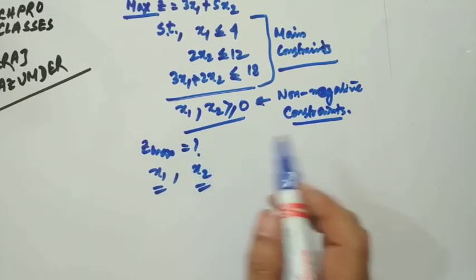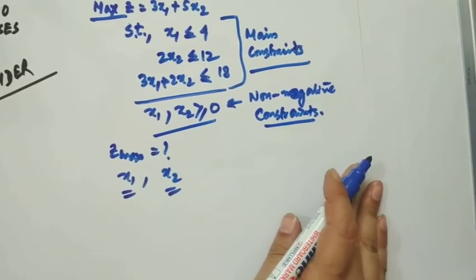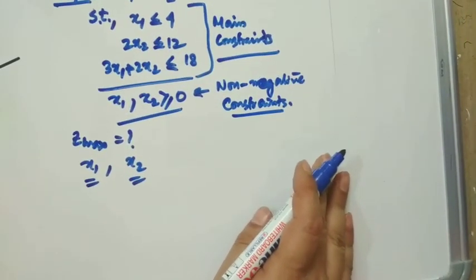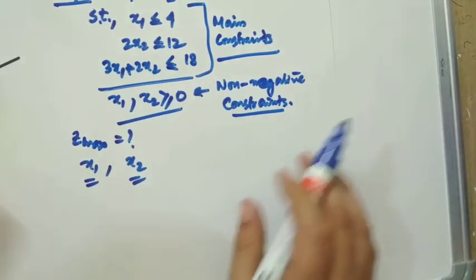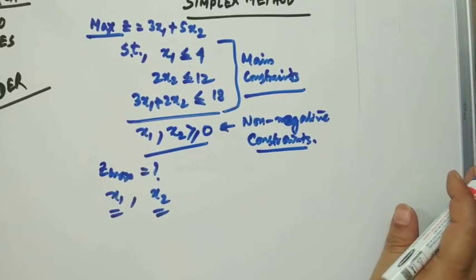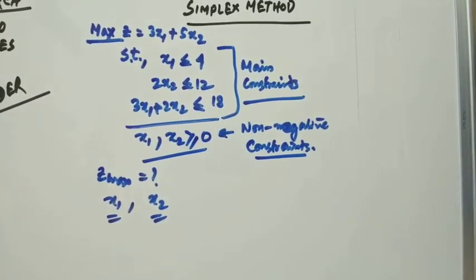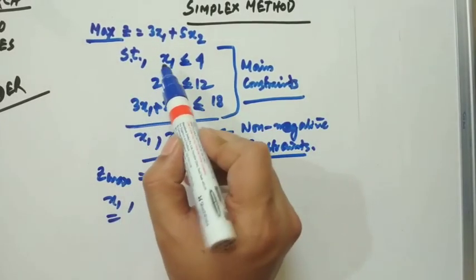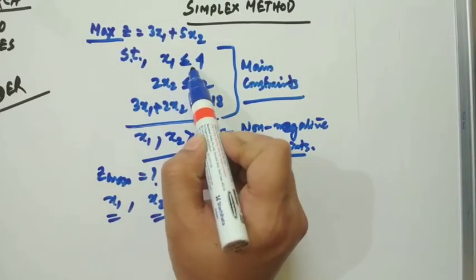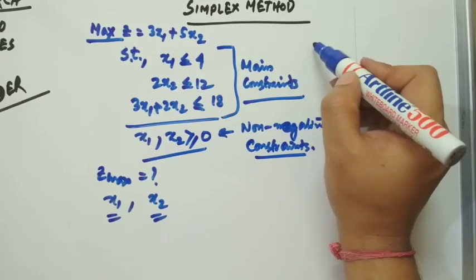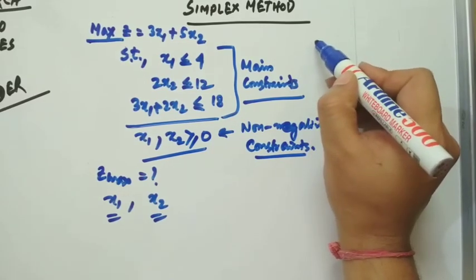Now we have to write the LPP. Again we have to write this structure in the form of an LPP. How to write? I will show you. Let us say this is x1 less than equal to 4. This is the inequality, so we can write it using the concept of slack variable that I already told you about.